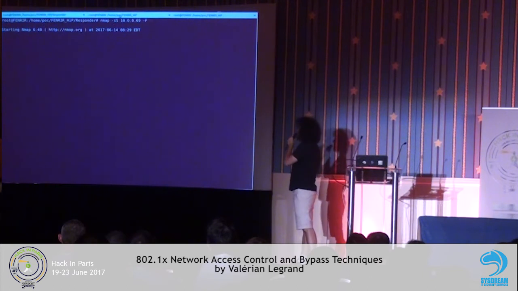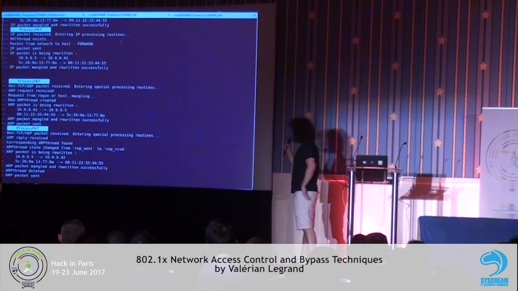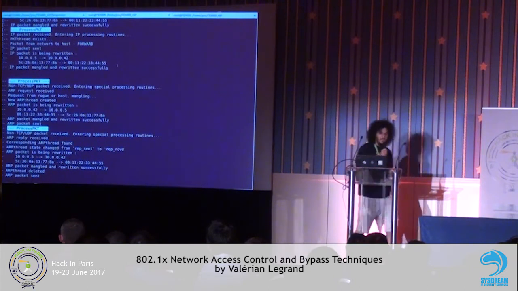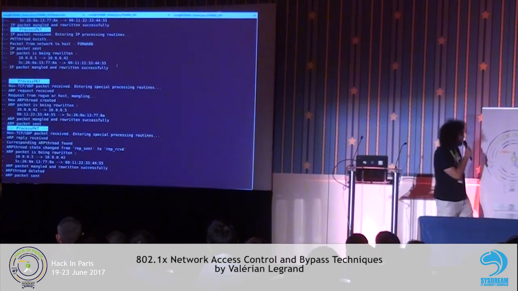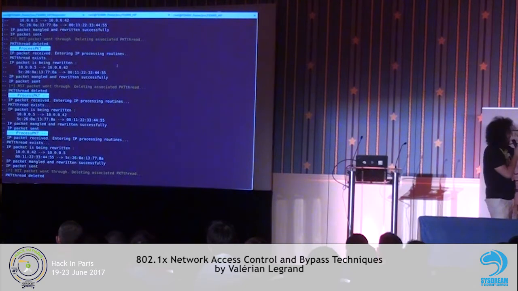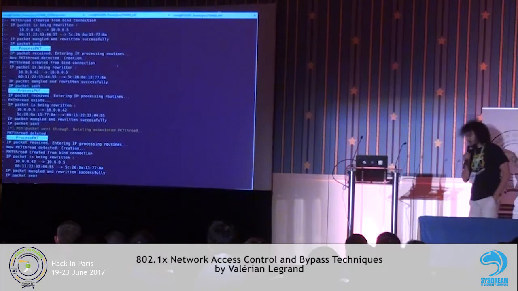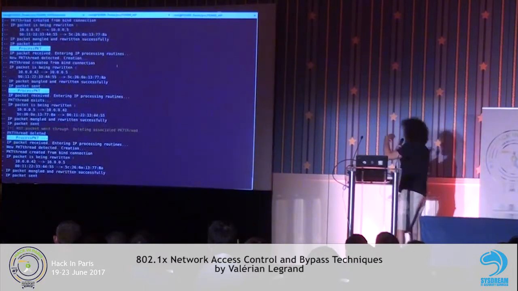It's starting. We can see that Nmap has already sent a few ARP packets that are being rewritten. And here we go. Nmap is going at it quite quickly. Fenrir will just process every packet.